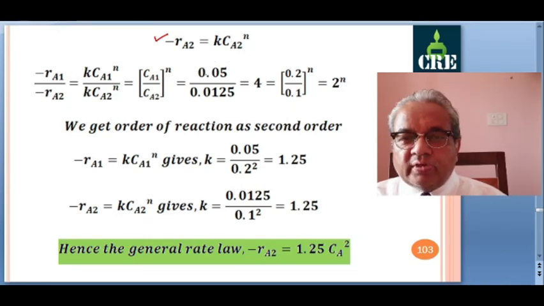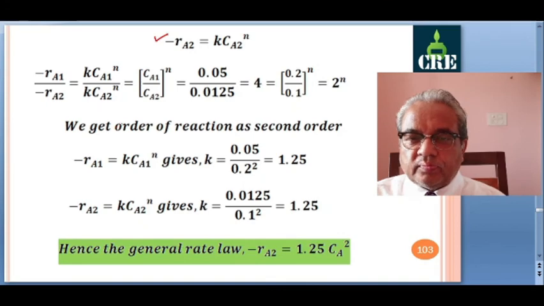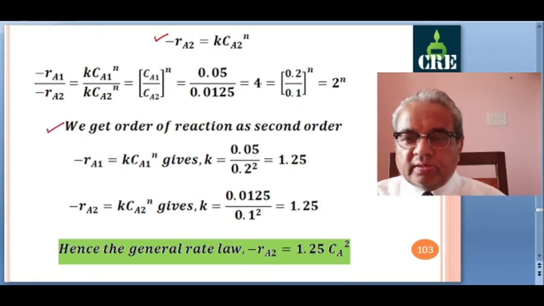So this minus Ra1 is 0.05, this is 0.0125, this comes out to be 4, and this is 0.2, this is 0.1, so 2 raised to n. So this will be possible when n is equal to 2. So we get second order. So check with both the equations and your k value should match. Then our calculations and the logic we have applied is correct.